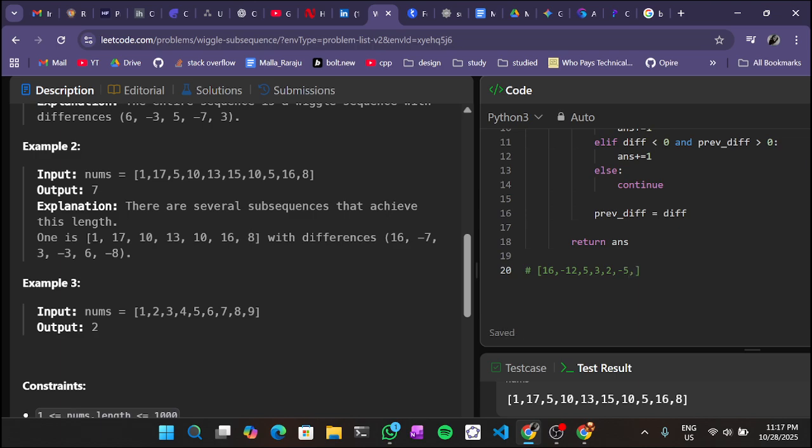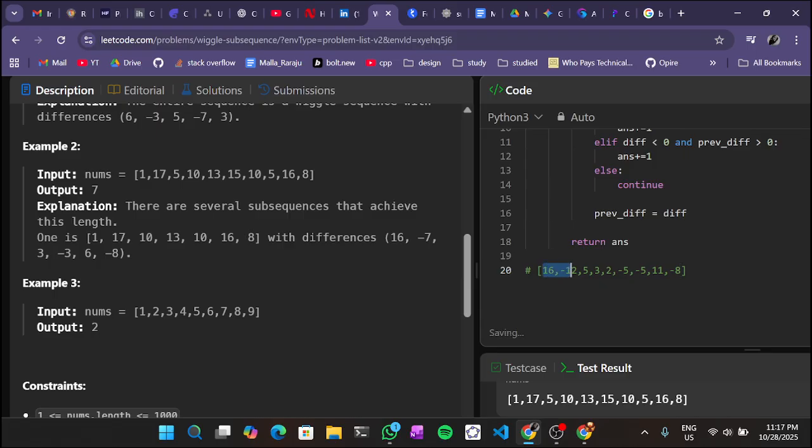5 minus 10 is minus 5. 16 minus 5 is 11. 8 minus 16 is minus 8.